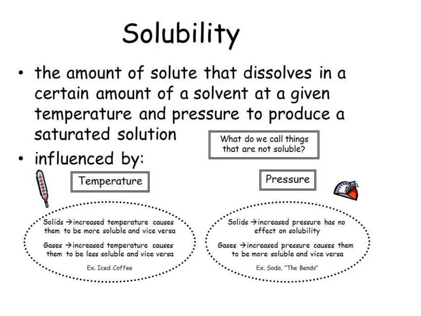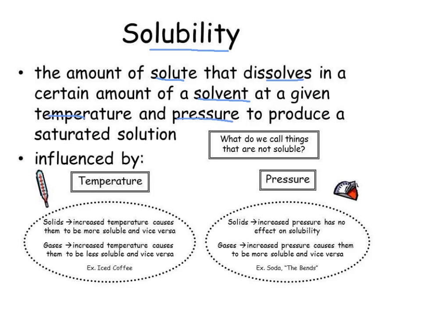Now, aside from the concentration of solutions, we also have what we call solubility. When we talk about solubility, this refers to the amount of solute that dissolves in a certain amount of solvent at a given temperature and pressure to produce a saturated solution.